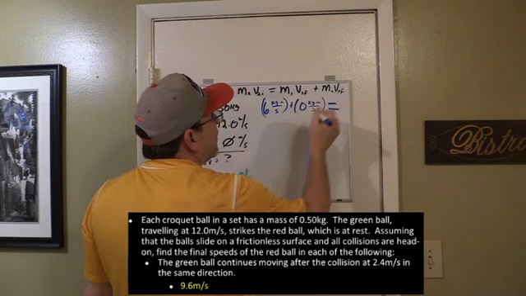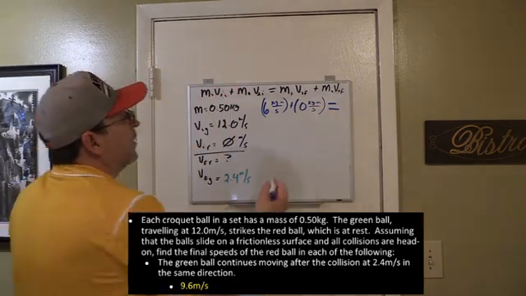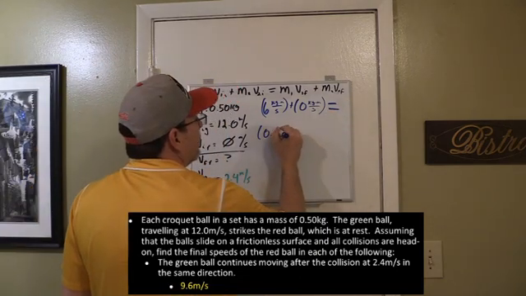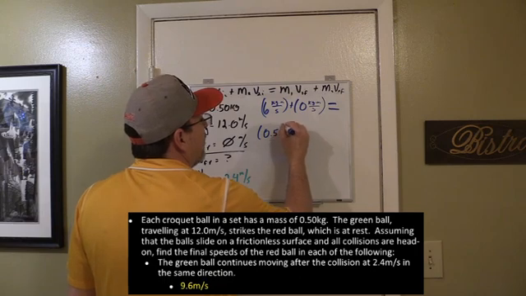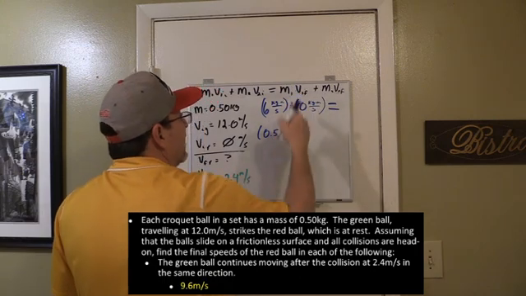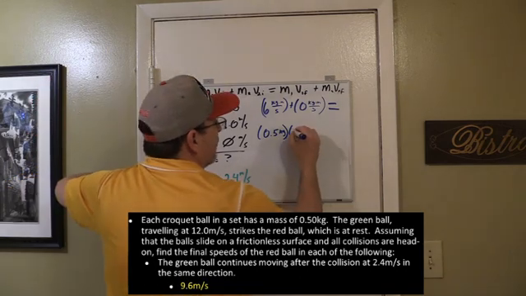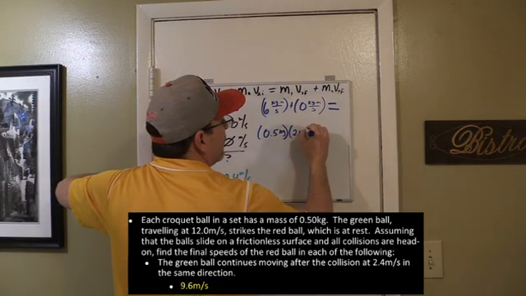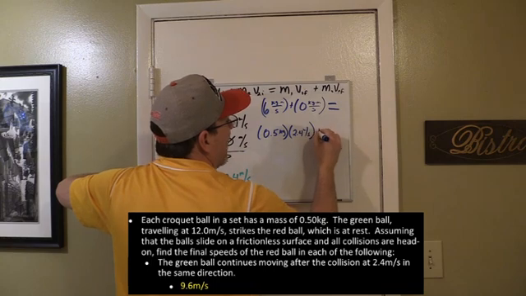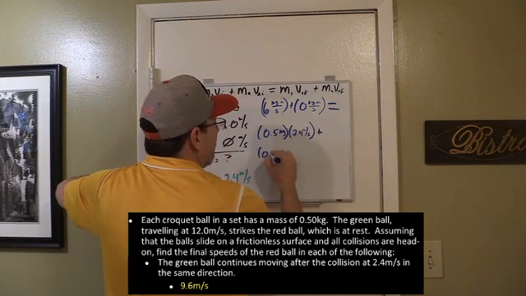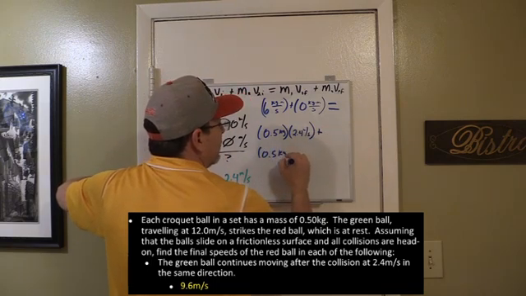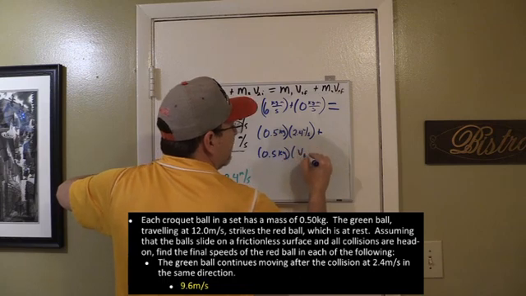And that's going to equal, we got to fill it all in, 0.5 kilograms times my velocity final for the green ball, 2.4, plus 0.5, for the red ball, times velocity final of the red.